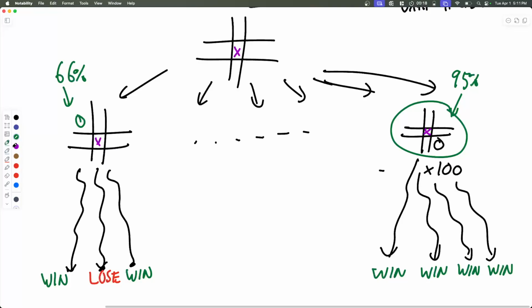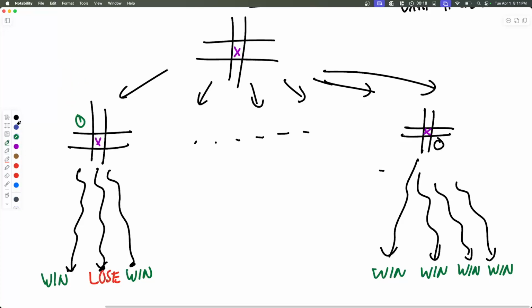We actually use the UCB algorithm to decide which to simulate.